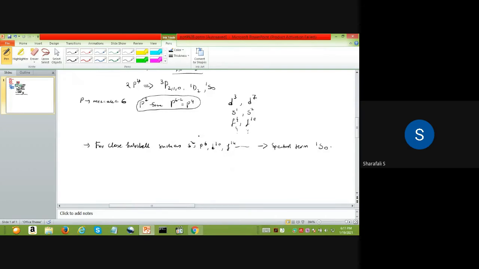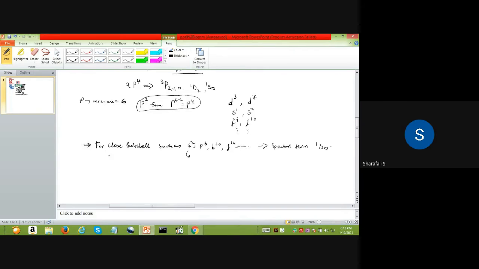s2, p6, completely filled subshells. Why? Because they have the maximum number of electrons. A closed subshell has the maximum number of electrons. For them, L will be equal to 0. So for all those states with completely filled subshells, L equals 0, S equals 0, J equals 0, if you consider the total values.